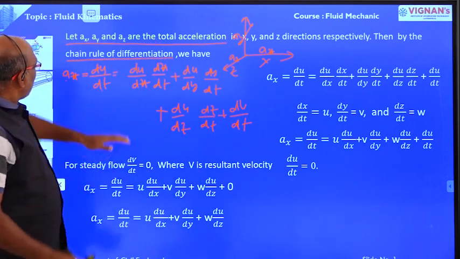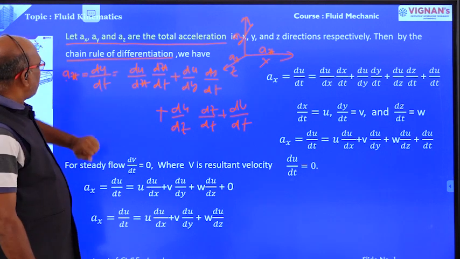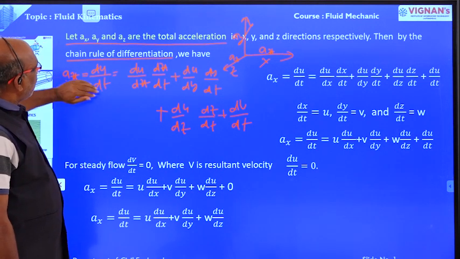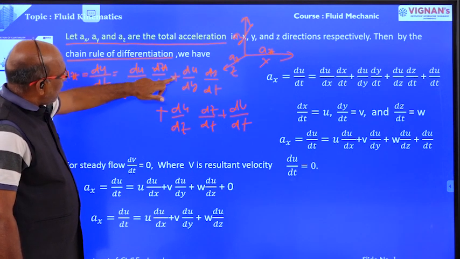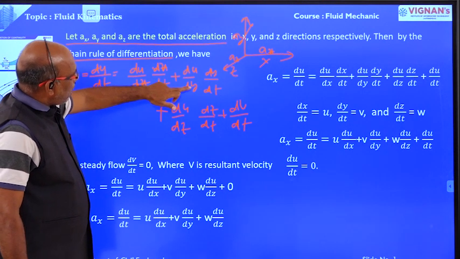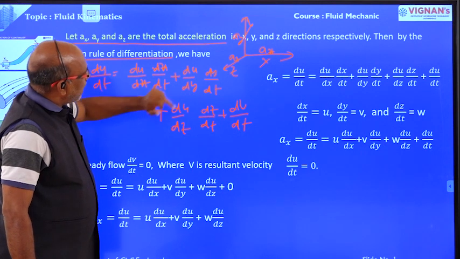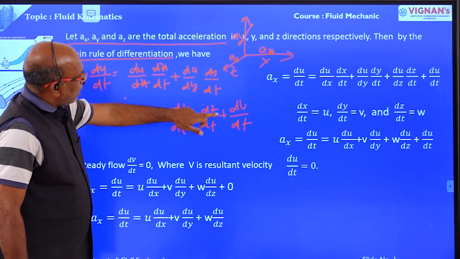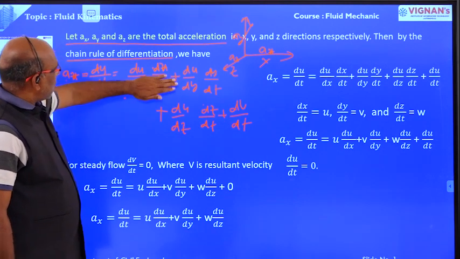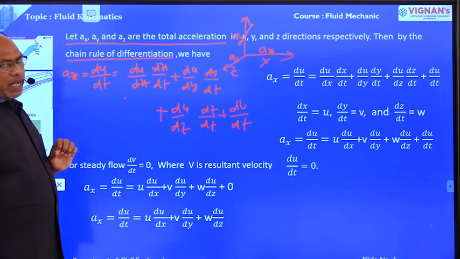From the chain rule of differentiation, acceleration ax is equal to du by dx times dx by dt, plus du by dy times dy by dt, plus du by dz times dz by dt, plus du by dt. This is the formula for the acceleration ax.